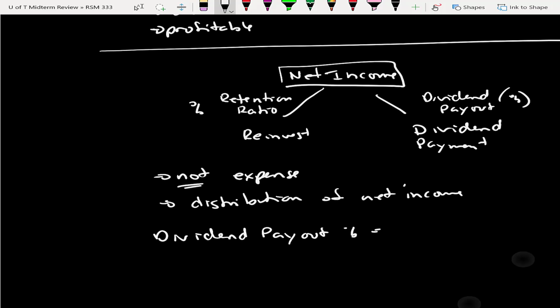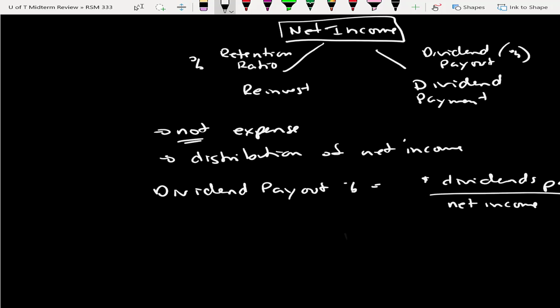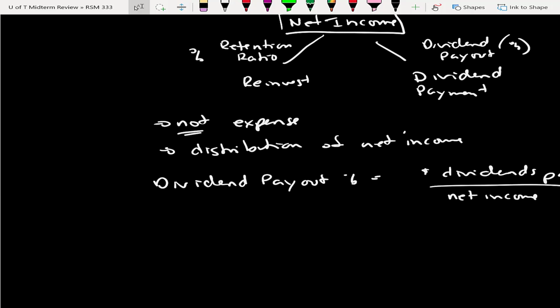It's the amount of dollar dividends that were paid, on an annual basis, divided by the net income. That gives you a percentage. If that works out to 30%, you're paying out 30% of your income as dividends. And the retention ratio is 1 minus the dividend payout ratio.